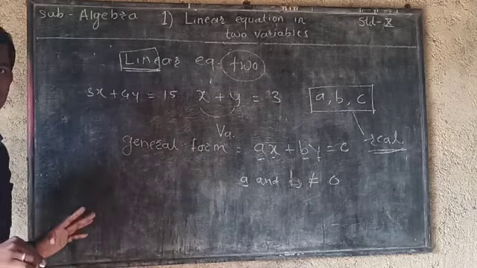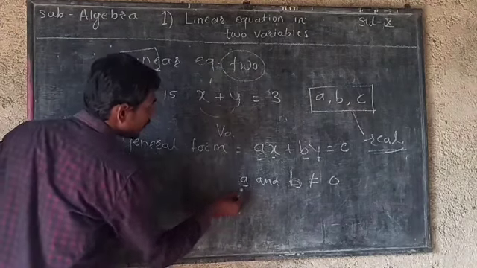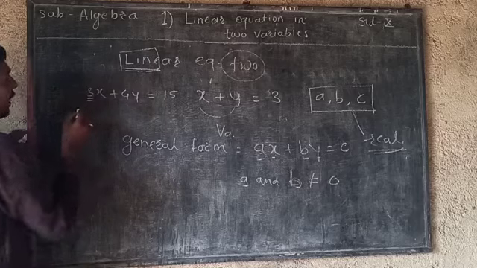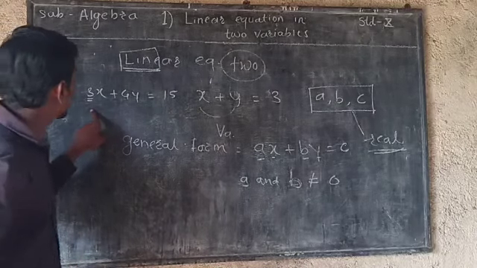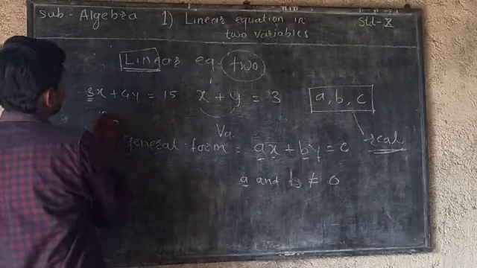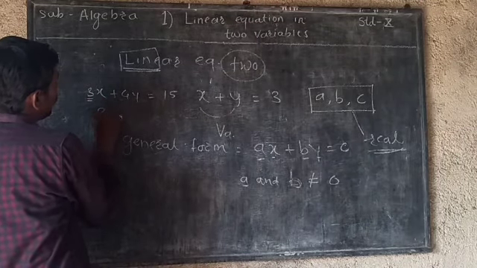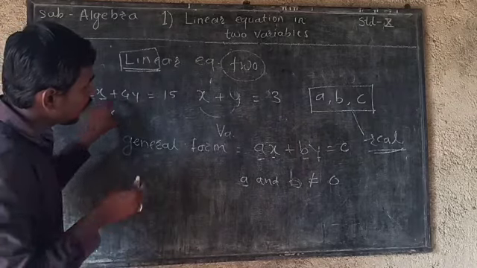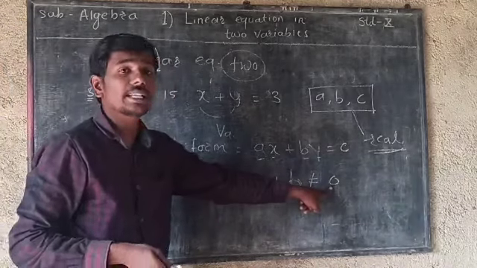This is the equation. Suppose here a is 3. When we take the value of a as 0, then 3 into x, the value of x is 0, suppose we are taking 0.